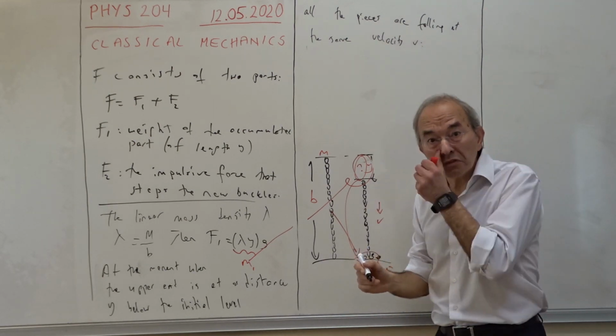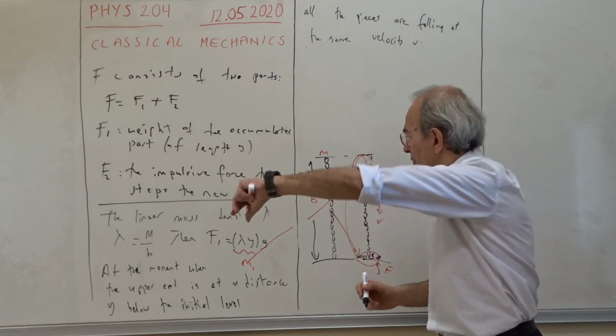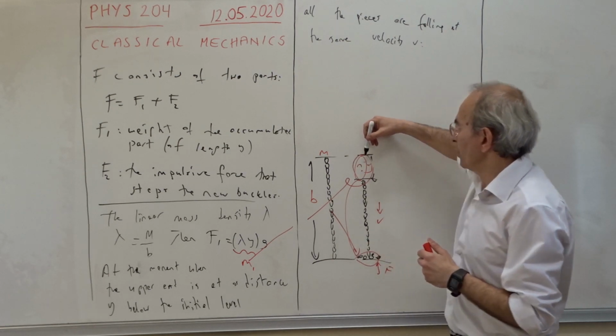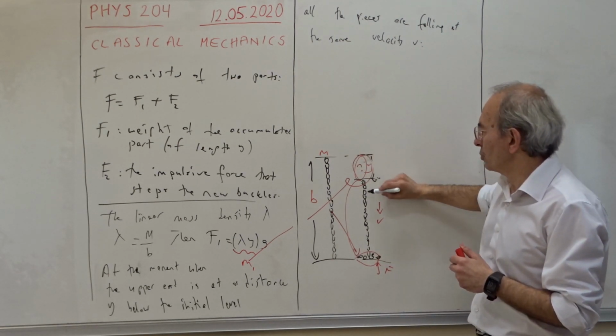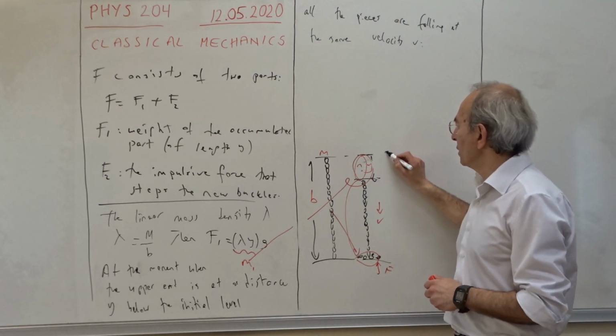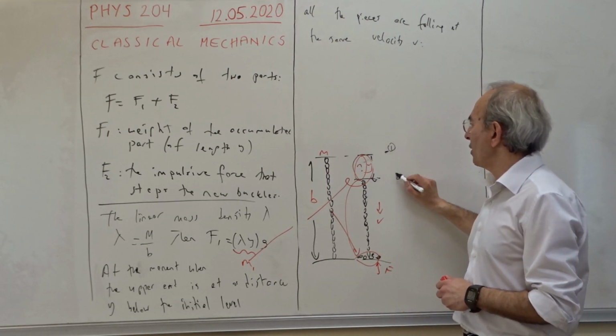What is that velocity v? From energy conservation, from physics 101, we can easily find what it is. Each piece can be considered separately, independently. Any particle, once it is there and now it is there.